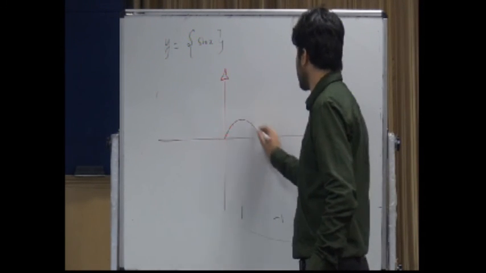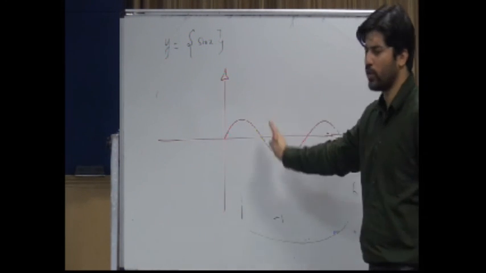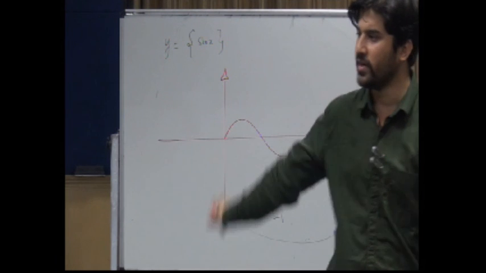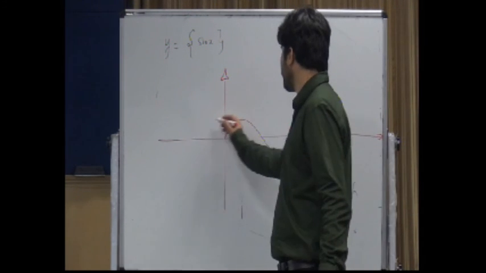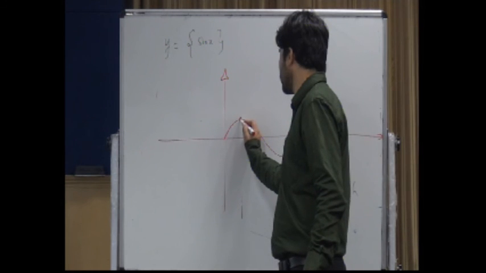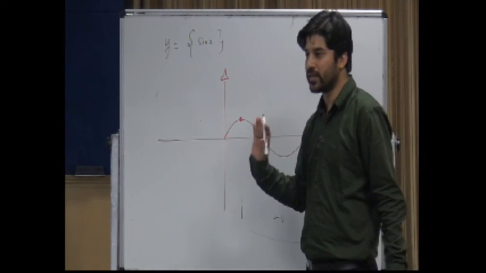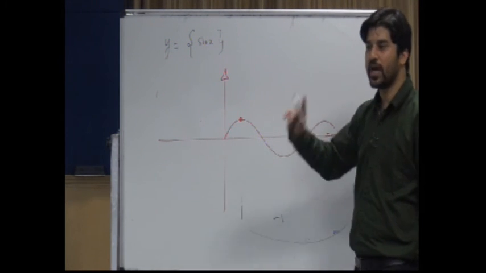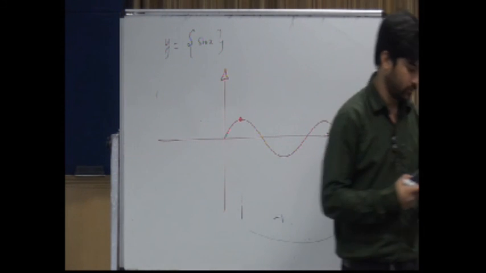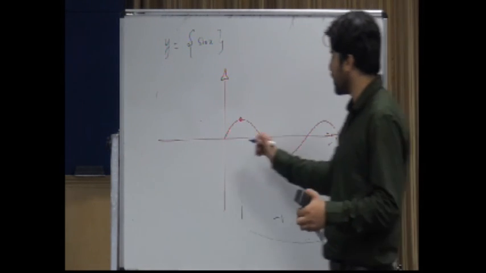This is your function, y is equal to sin x. Let's say I'm drawing only the right side. You know that the integer part it gets is 0, 1 and minus 1, only 3 portions. जहाँ पे fractional part क्या हो जाएगा? 0. तो वो सारे पॉइंट को तुम यहाँ खींच के ले आओ.